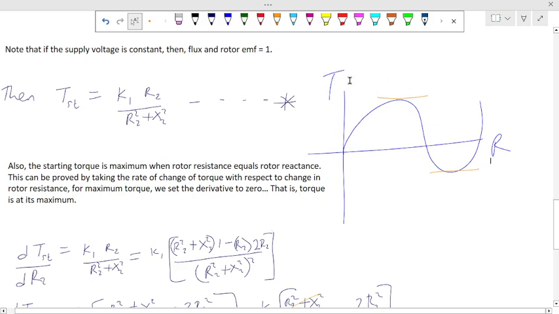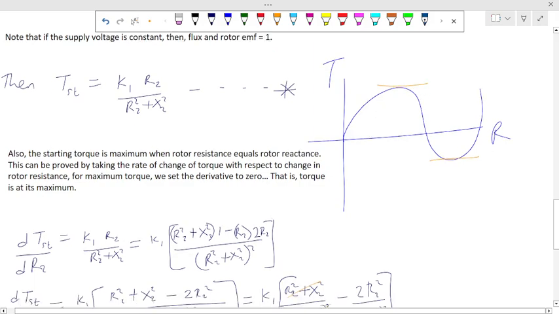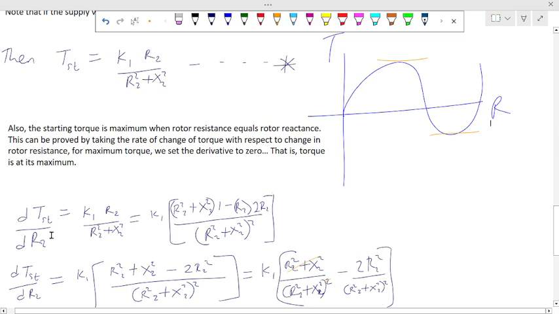So the change in torque with respect to resistance at maximum is 0, there is no change. So we are going to take the derivative of this expression, differentiating with respect to resistance, and then set the solution equal to 0, because we are looking for the maximum torque, and at maximum the change equals 0. So let's do that here.